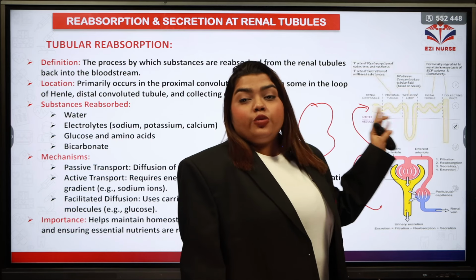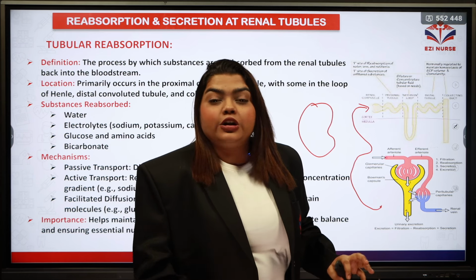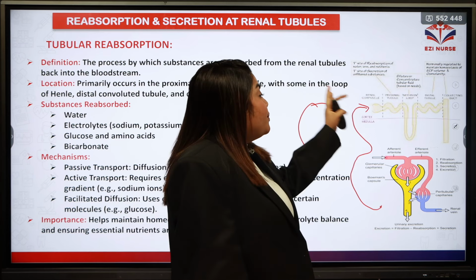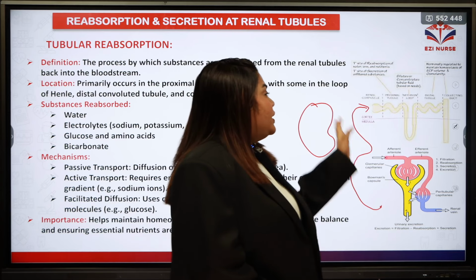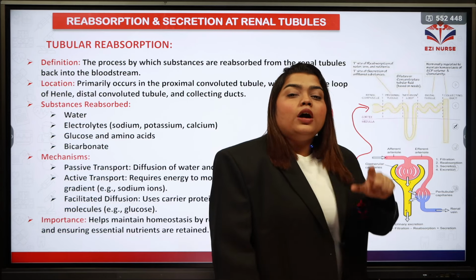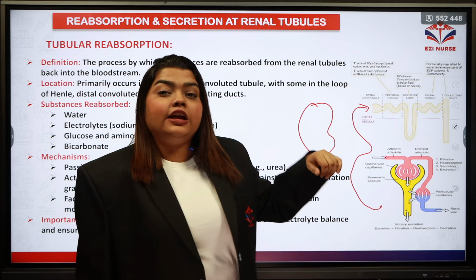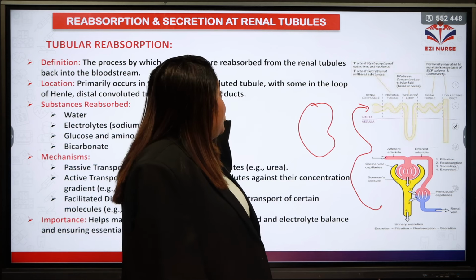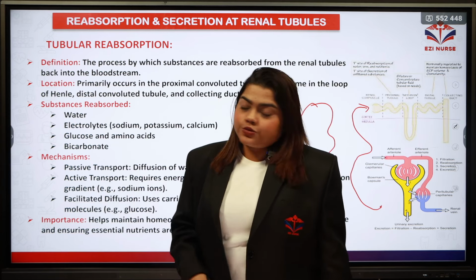The tubules make sure whether important nutrients are passing out through the urine. If important nutrients are being wasted through the urine, the tubules absorb the nutrients again and pass them to the bloodstream, which is called tubular reabsorption.